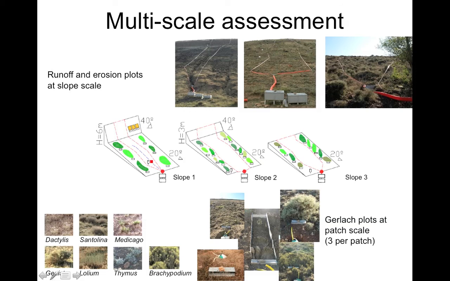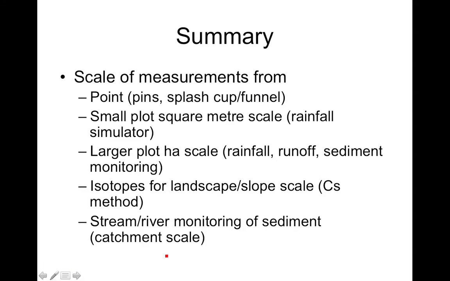They had some rain gauges and also some other sediment collectors and soil moisture probes and various other things, right? And these little sediment collectors were called Gerlach plots. And so they were interested in looking at how different vegetation communities or types impacted the erosion in those different areas, right? So multi-scale assessments can be important.